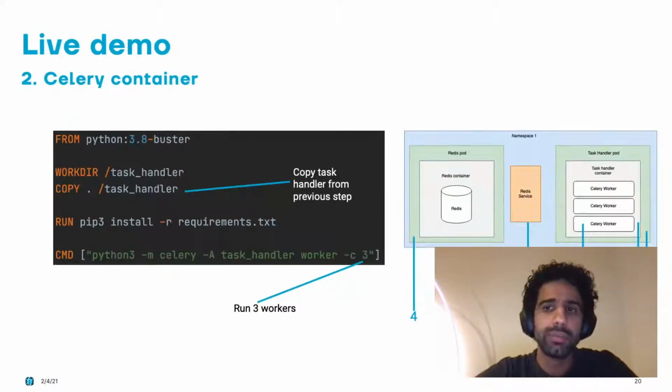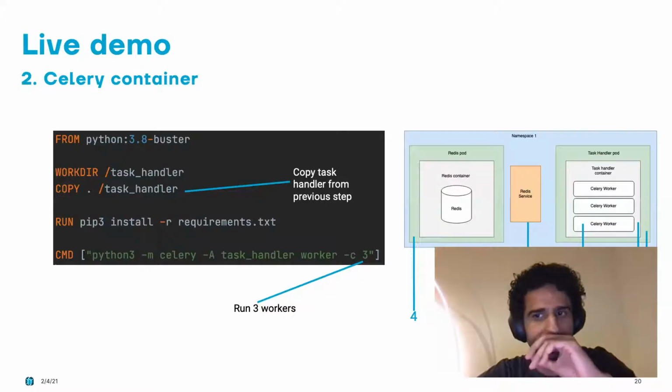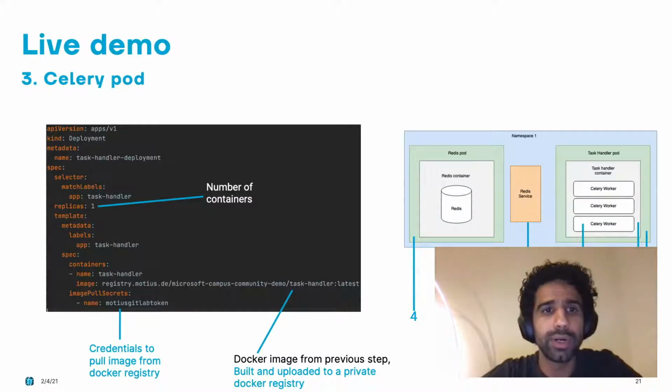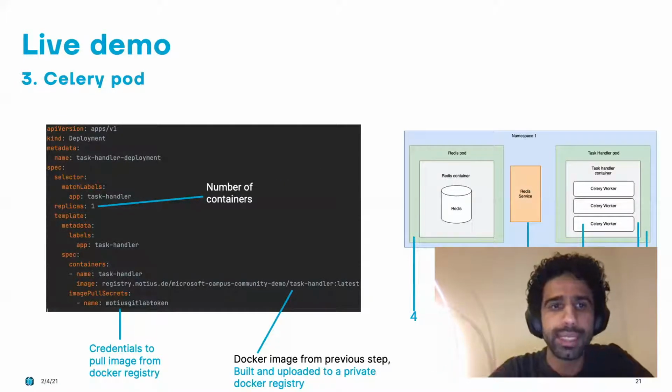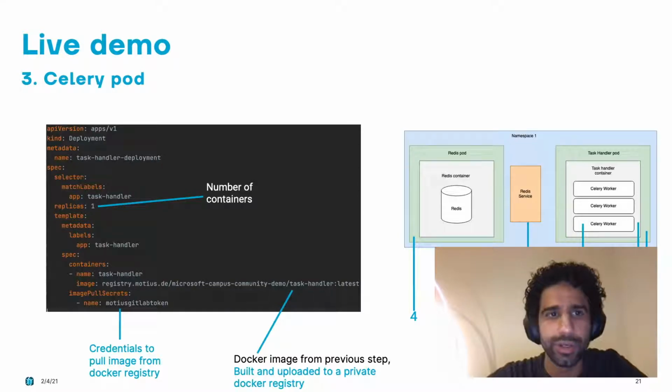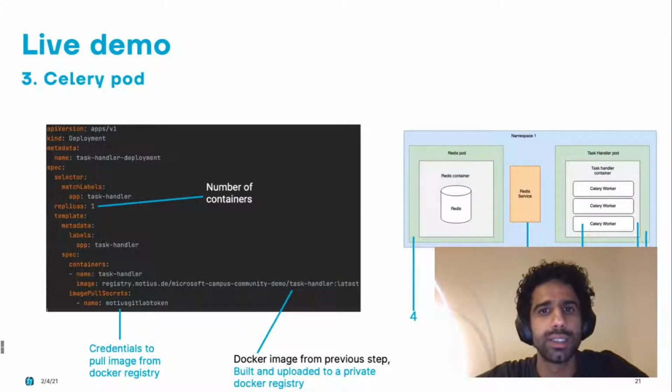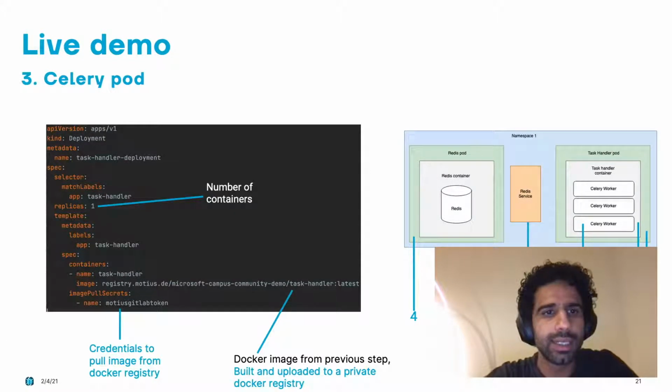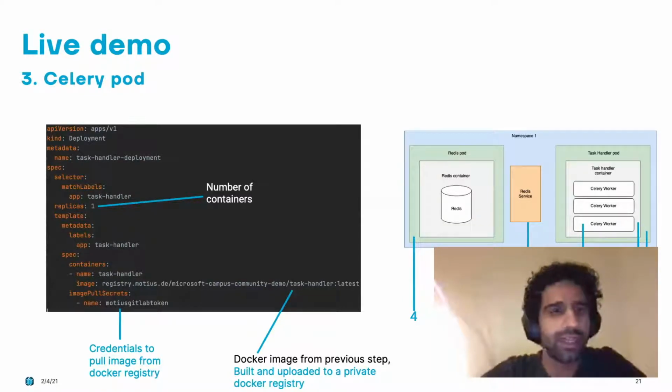So you can see we're building layers. Let's go to the next layer. Layer number 3 is the pod itself. So like Sahil explained before, a pod is the unit that runs inside Kubernetes, and a pod can contain different Docker containers. So this snippet that you see, this is a configuration file.